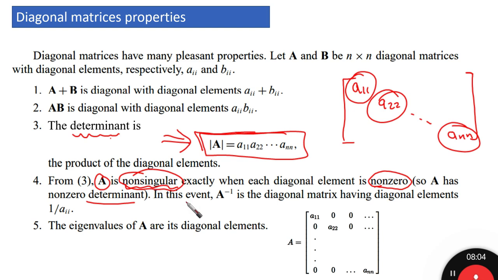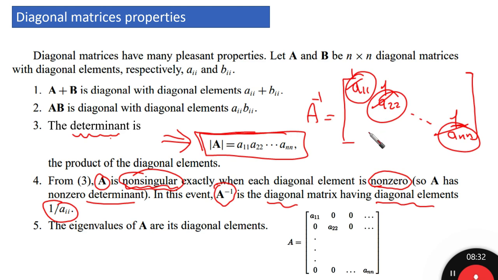In this event, the inverse of the matrix, A minus 1, is the diagonal matrix having diagonal elements of 1 over AII. So the inverse is going to be very simple here. It is going to have 1 over A11, 1 over A22, 1 over ANN, and so on.